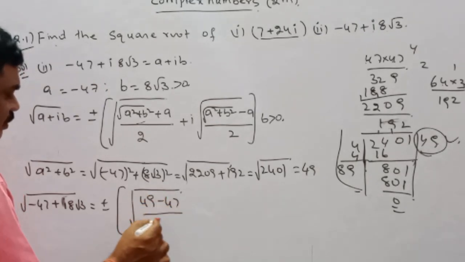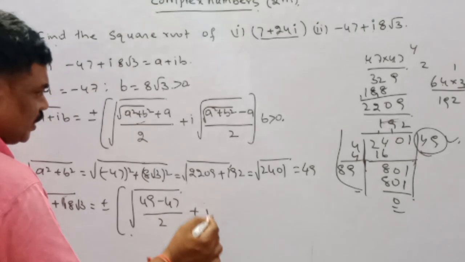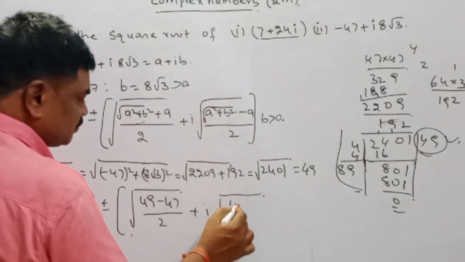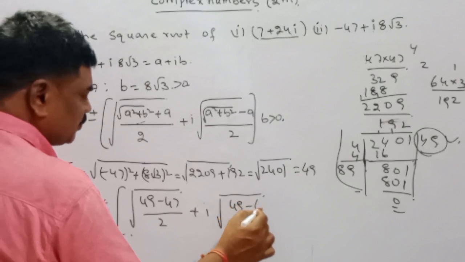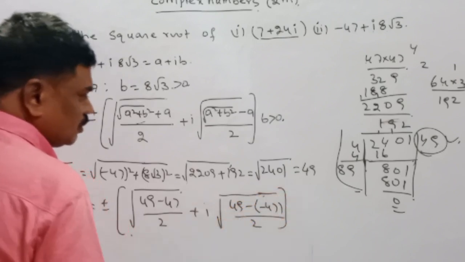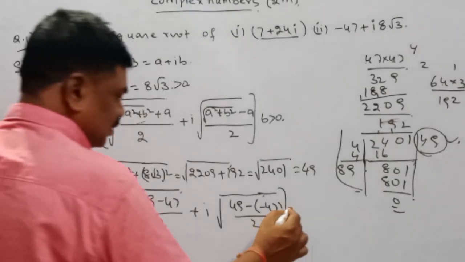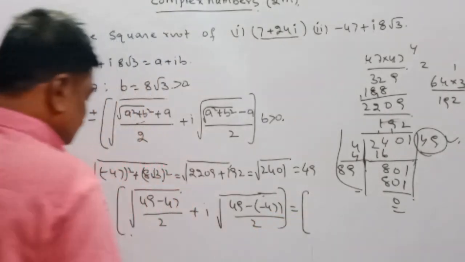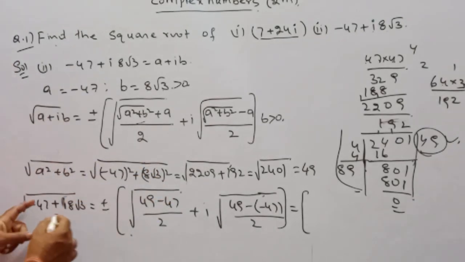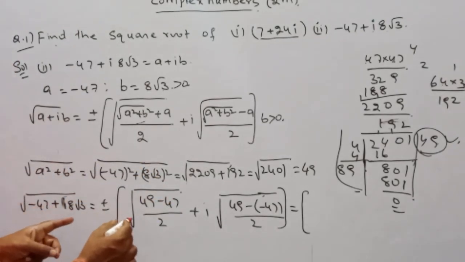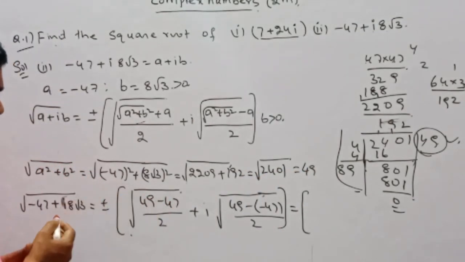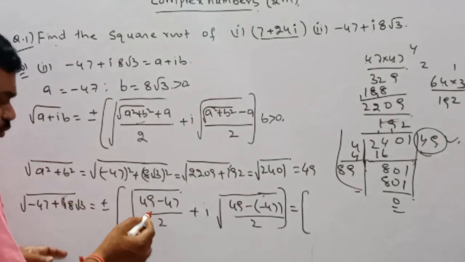So this is 49 minus 47, which is 2, and 2 by 2 is 1.